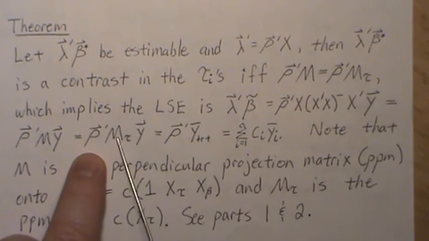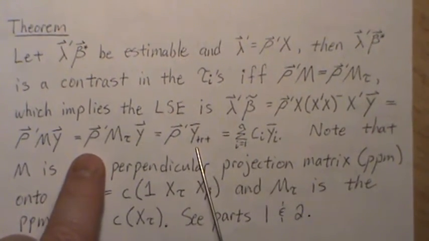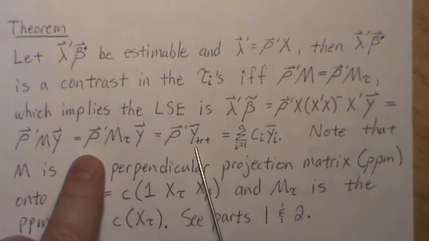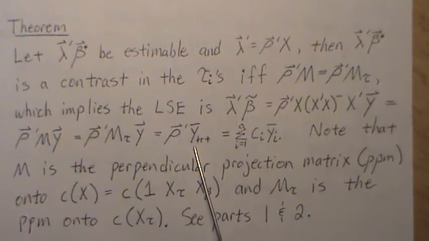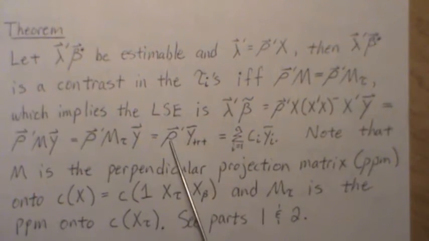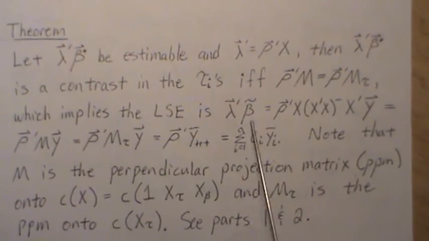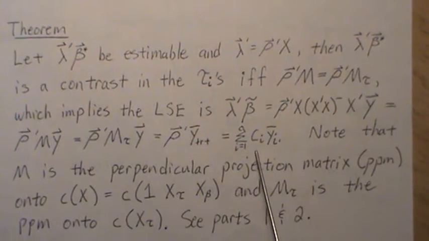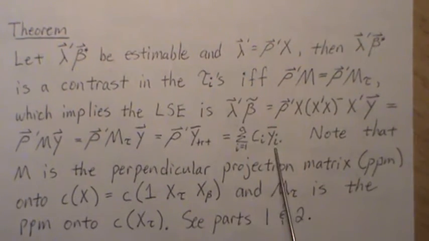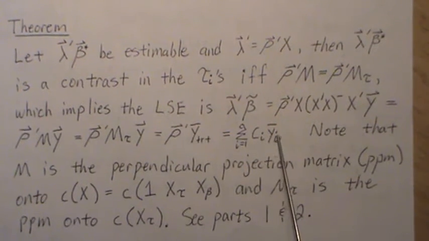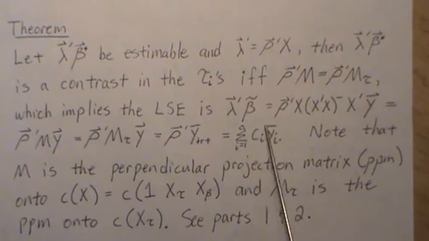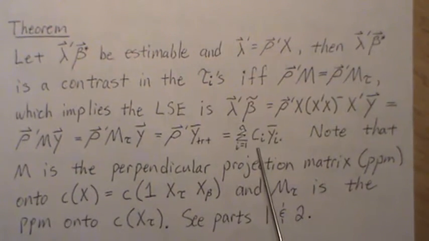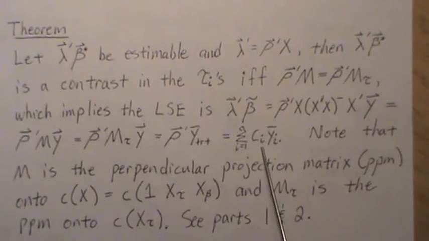But this right here generates the treatment mean vector, and then this is a linear combination of the treatment means. And so this is going to create this linear combination of the treatment means, c_i times each treatment mean. And this is exactly what we did in one-way fixed effects ANOVA.